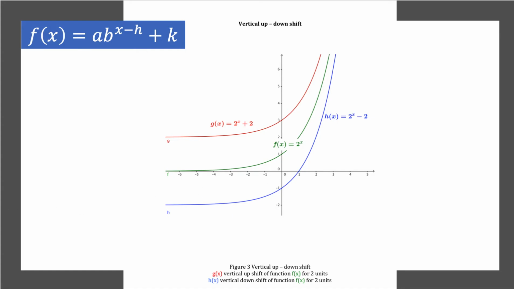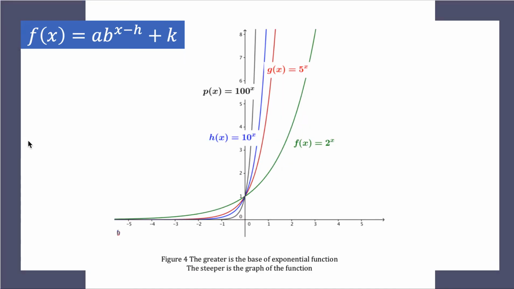So now let's go to the next functions. It means, for example, that when the base is bigger, a vertical stretch happens, or the graph of the function is going to be steeper.